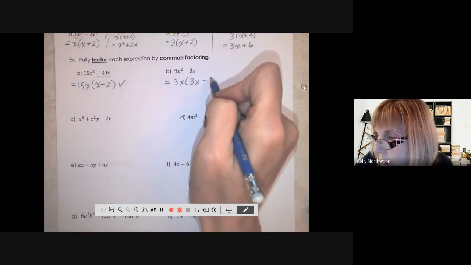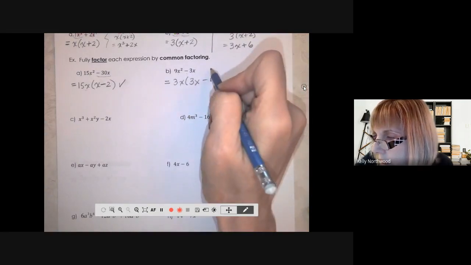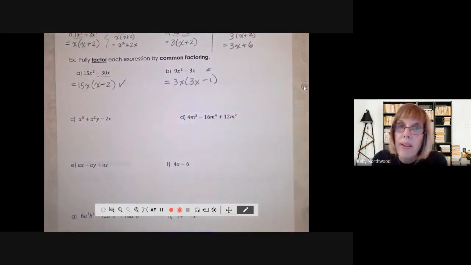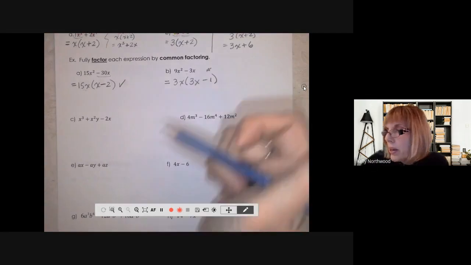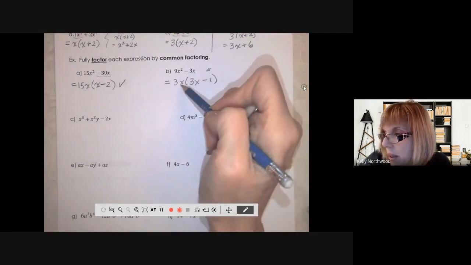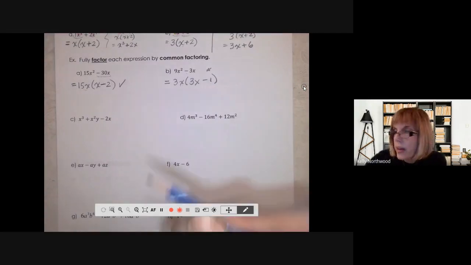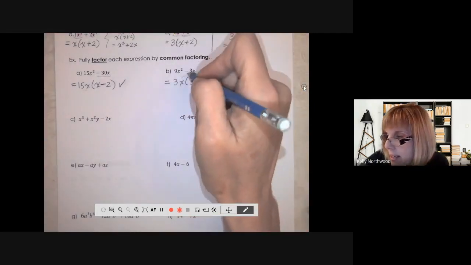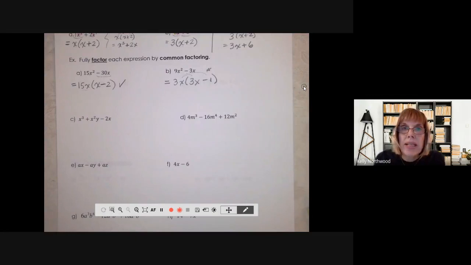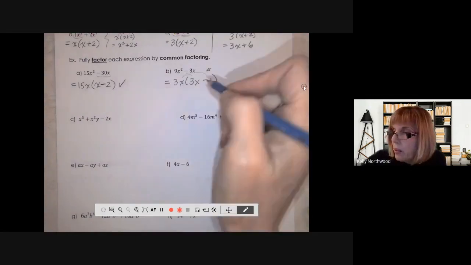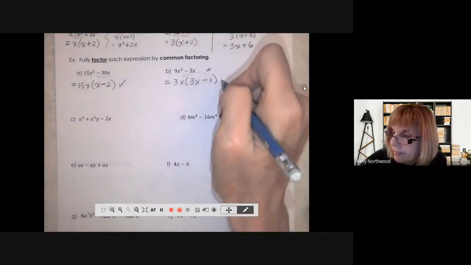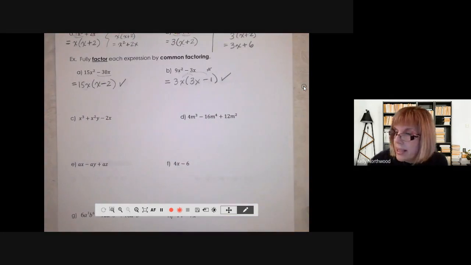Just negative 1. If you put a star here, that 1 is often hard for people to see, but you could also think negative 3x divided by 3x is negative 1. And if you're unsure if your answer is right, you can always expand mentally or on another piece of paper to see if you get back what you started with. Okay, moving on to C.